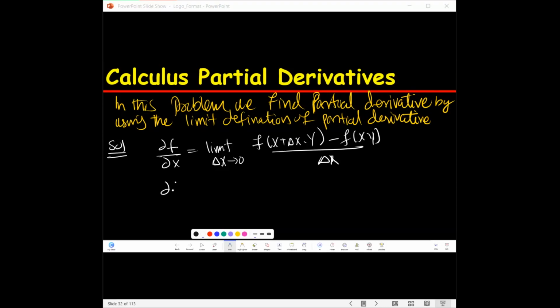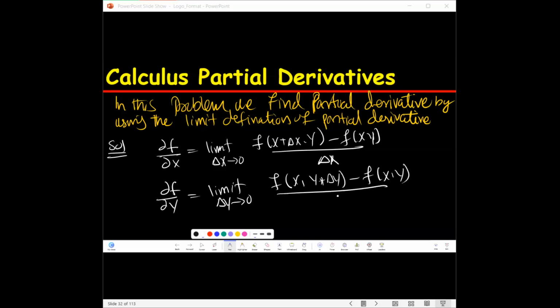And I can also write the partial derivative with respect to y as the limit as delta y approaches 0 of f(x, y plus delta y) minus the original function, divided by delta y.